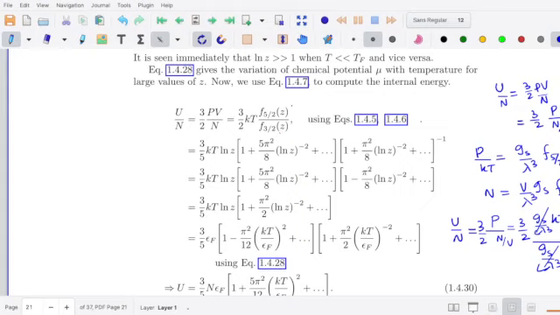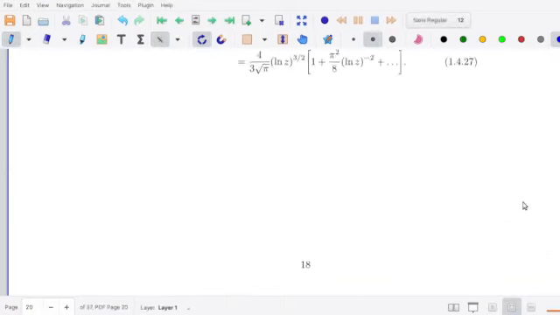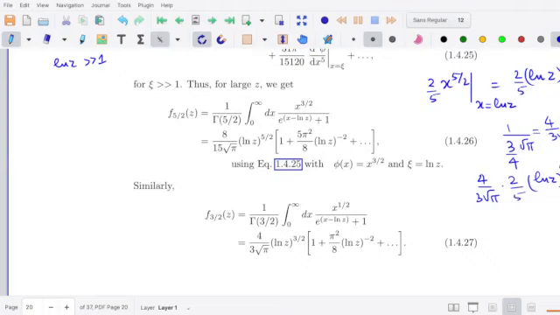Now we can substitute for the large z expansion, the Sommerfeld expansions for both these functions F5 by 2 and F3 by 2, because we are now in the degenerate case, and therefore z is very large. So F5 by 2 of z is approximated by this expression, and F3 by 2 by this expression.